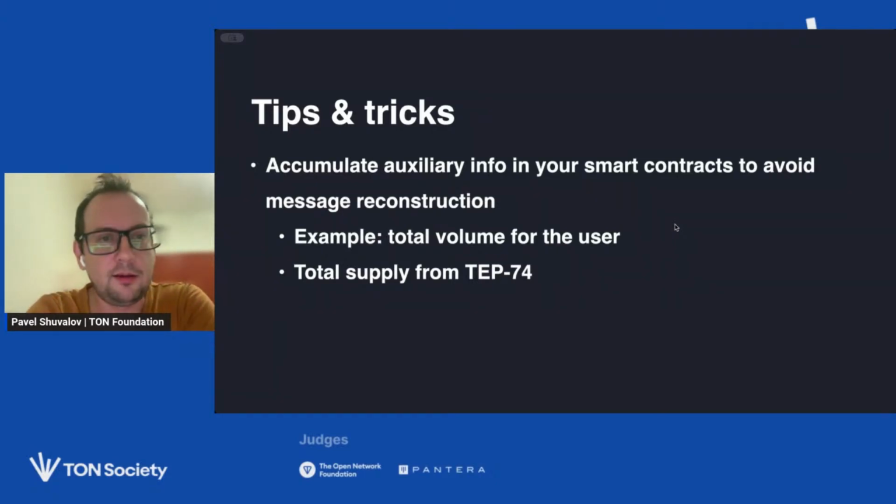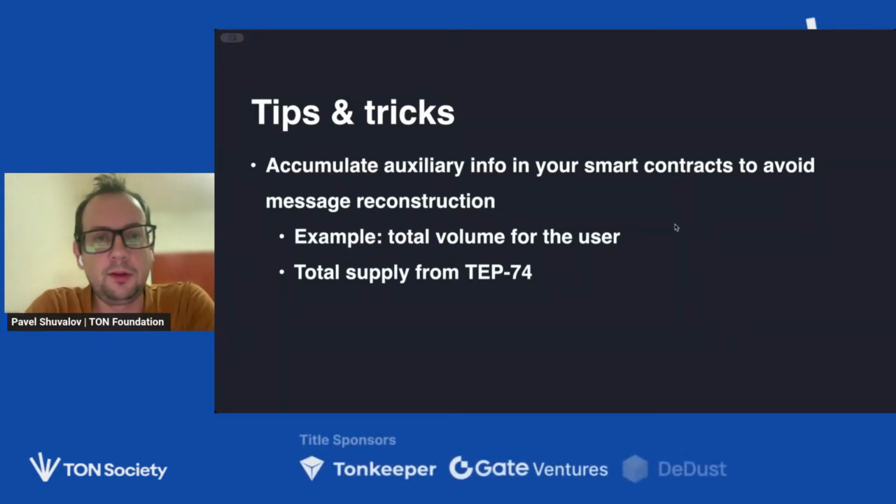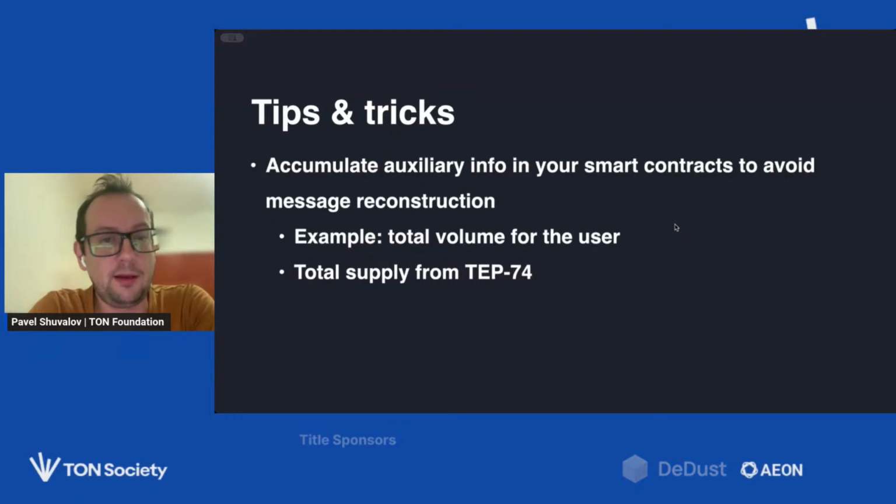Also, in some cases, it is possible to organize your smart contracts in such a way that you don't need indexing at all. For example, as I mentioned before, we don't have the total number of holders in our Jetton implementation, but we have total supply.